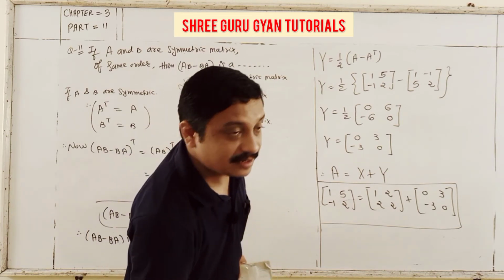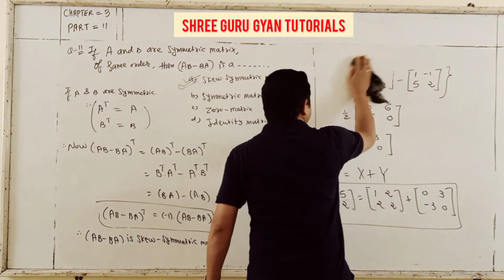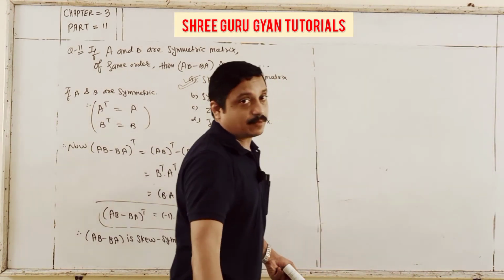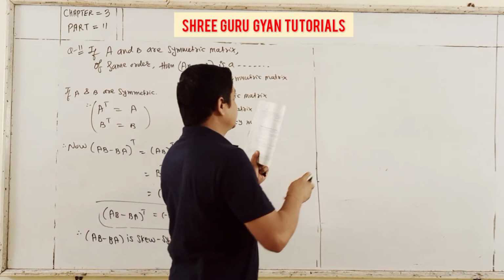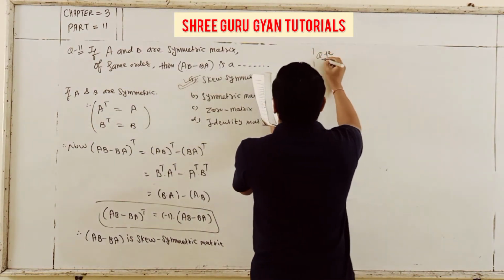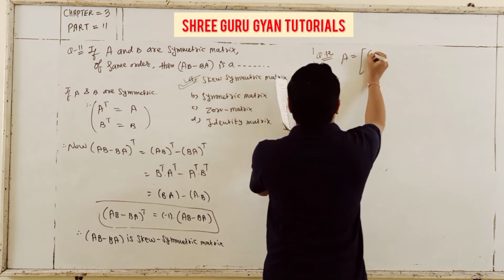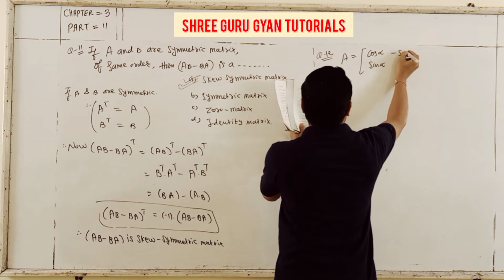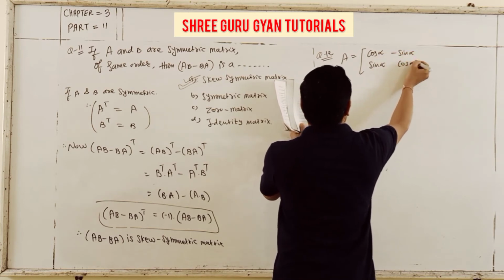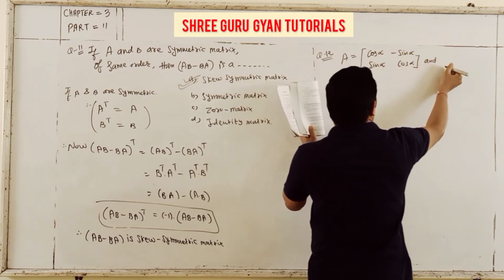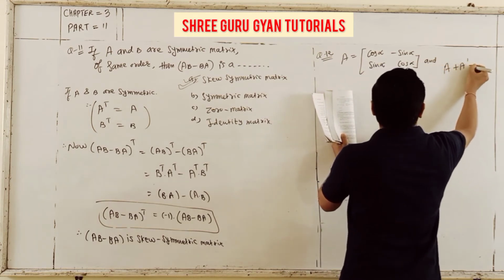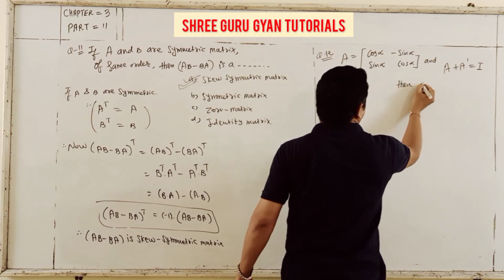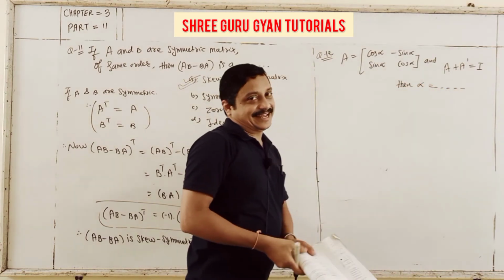Now question number 12. Question 12 is also important for exam level. That type of question comes in exams. In the given matrix A, cos alpha, sin alpha, minus sin alpha, cos alpha, and A plus A transpose is I, where I is the identity, then alpha is dash dash dash.